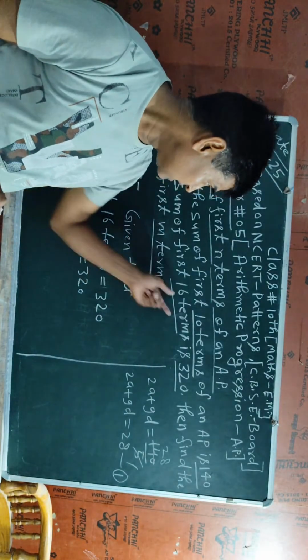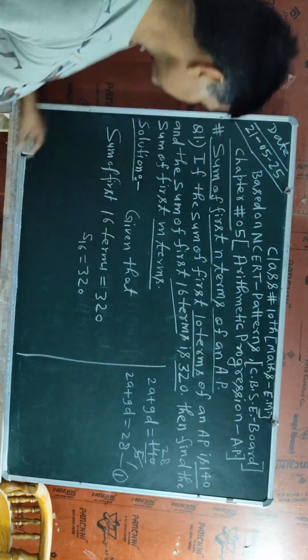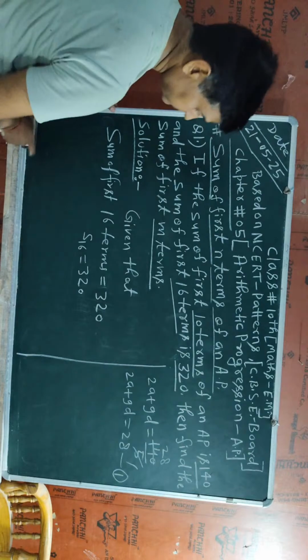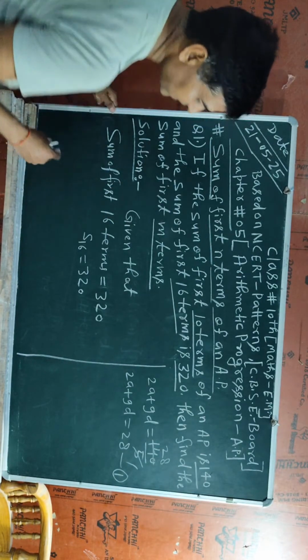According to the given information I will change it into equation form. Okay students, now further I am going to write again the sum of first 16 terms of an arithmetic progression.